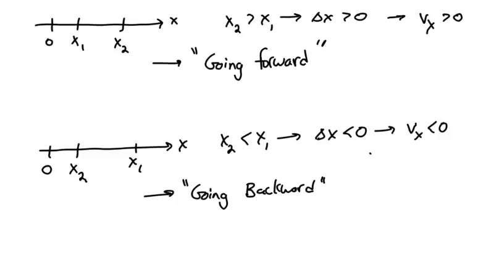When a particle is going backwards from a further x to a smaller x, then the velocity is negative. These are very rough terms, depending on what you think of as going forward and going backwards. But if you think of it relative to the coordinate system, then you get a very well-defined condition, which is that if x is increasing, then you have a positive velocity, and if x is decreasing, you have a negative velocity.